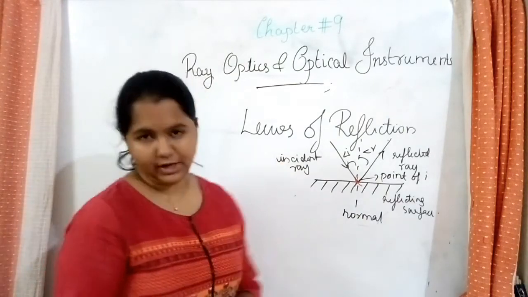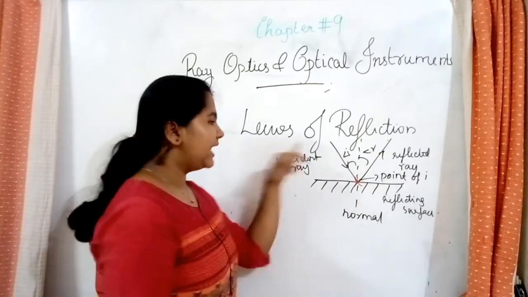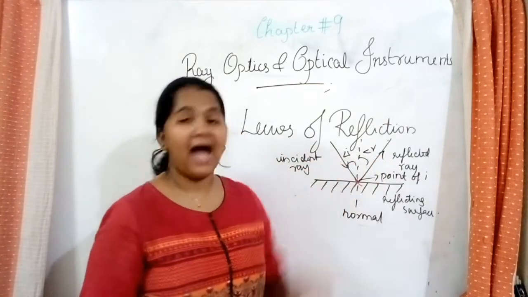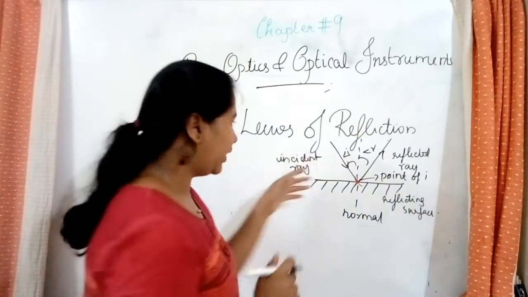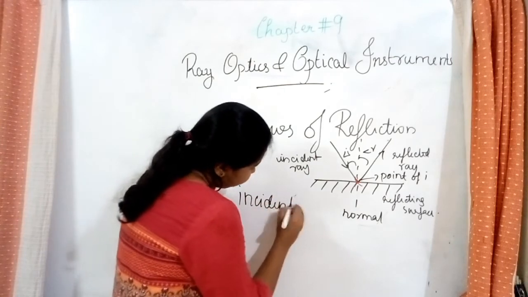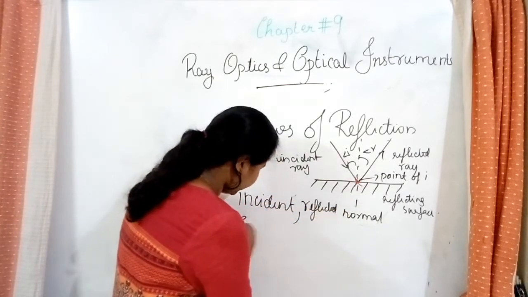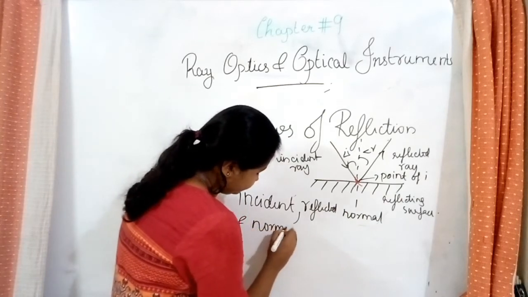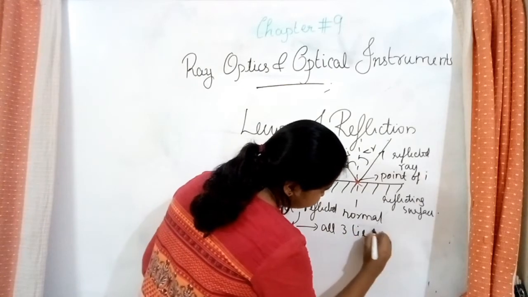The first law is that when reflection takes place, the incident ray, the normal and the reflected ray all three lie in the same plane. The incidence ray, the reflected ray and the normal all lie in the same plane.